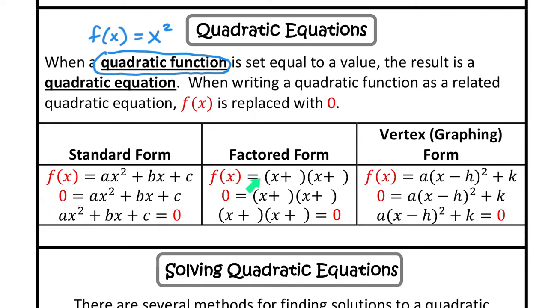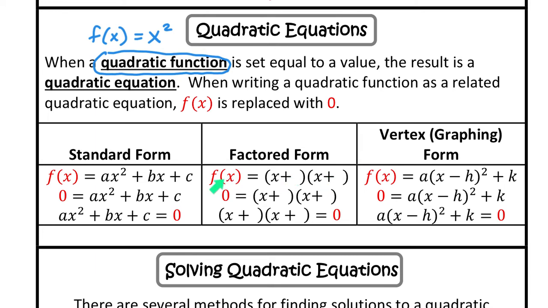Then we also looked at, in the previous lessons, that we can use different methods to factor. We can use the table method and perfect square trinomials to factor. And in factored form, you have two parentheses, and it's plus or minus a number. So there's a space here where you would put a number.